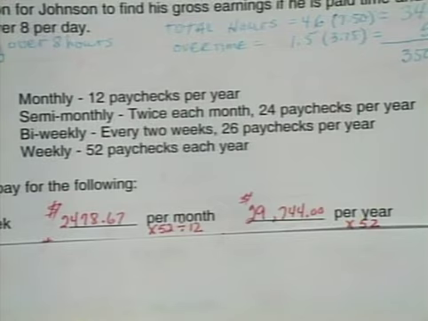Let's go back now to per month. If I wanted to know how much he made per month, can I take his weekly salary and multiply it times 4? No. That's the most common mistake, and you cannot do that. A weekly salary does not become a monthly salary by multiplying by 4. You must take that weekly salary, multiply it by 52, and then divide by 12.